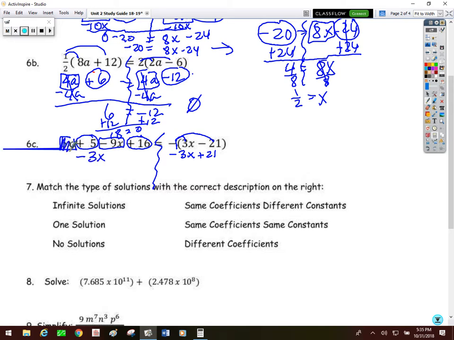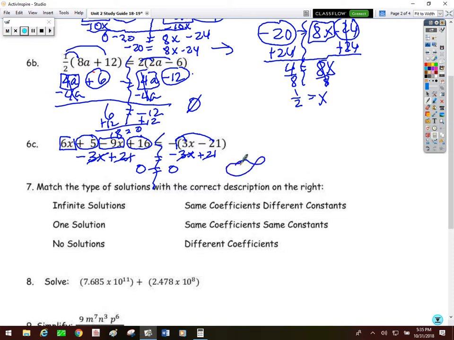Now, if I box these out, that just says 5 plus 16, which is 21, right? So what I have is negative 3x plus 21. And I'm not going to go any further because now I look right here. These are the same exact equation on the left as on the right. This negative 3 cancels. That 21 cancels that one. I'm left with 0 equals 0, which is an infinite solution problem.